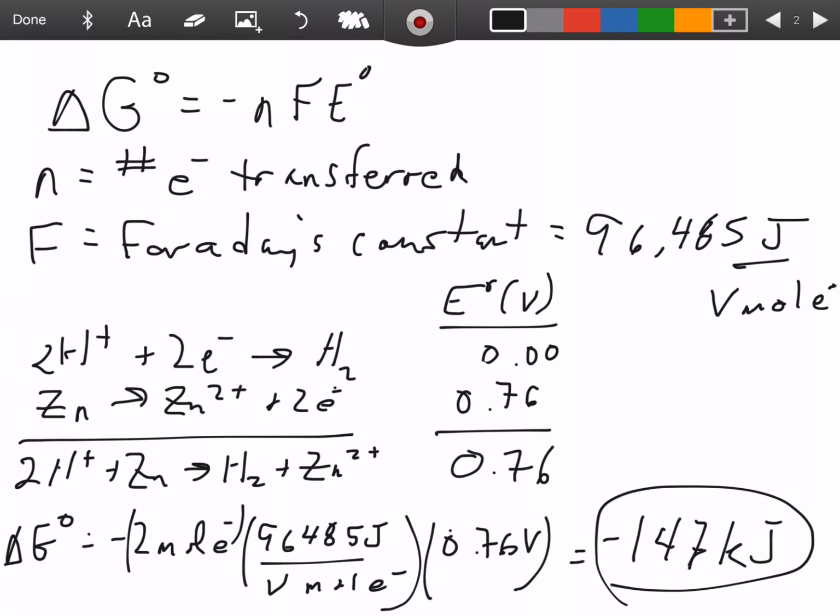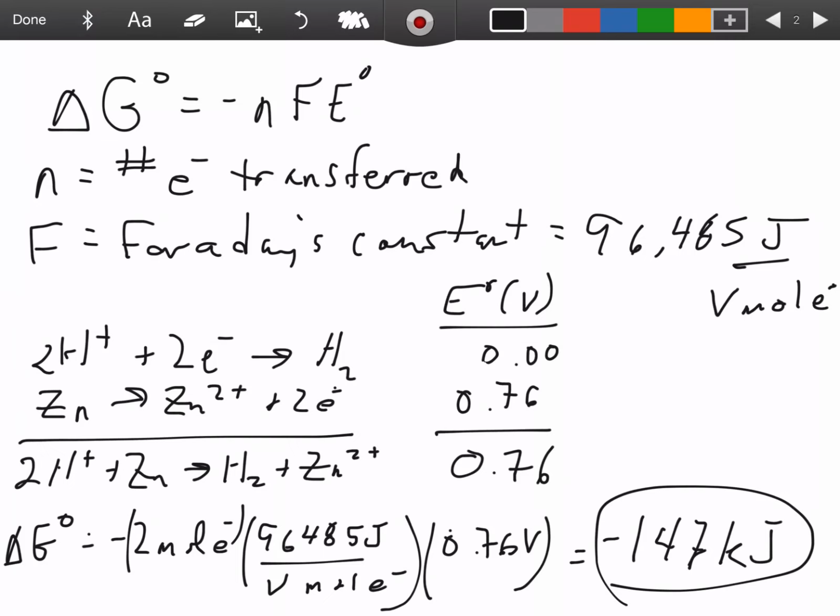So now we've got 4 ways of calculating a delta G value. We use delta G equals delta H minus T delta S. We can get delta G from delta G of formation. We could get delta G from Hess's law, and now we can get delta G from these potential values that are in the book as well. Those two values should be exactly the same, minus 153.9 versus minus 147.